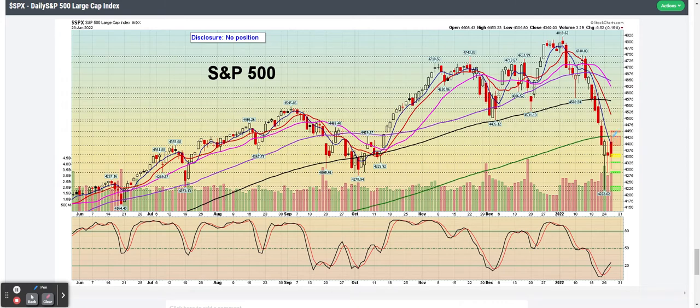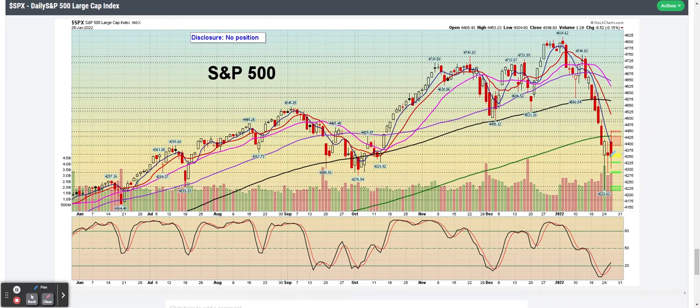This area was strong resistance, was able to push above it. However, it reversed lower and it closed around the same close as the previous day. So the path of least resistance still remains to the downside. Support will be the same as the previous day.